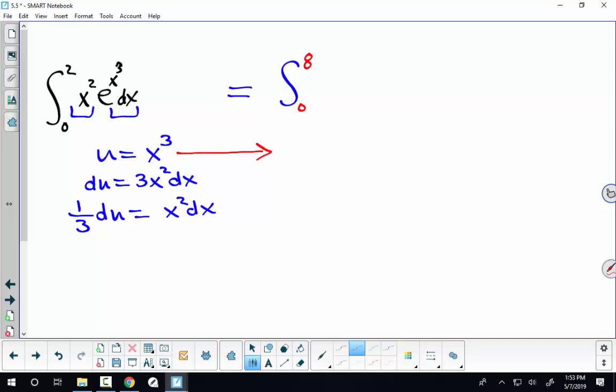If u is x cubed, our lower limit of integration originally was x equals 0, which means u is 0. And when our upper limit, when x is 2, u is 2 cubed, which is 8.